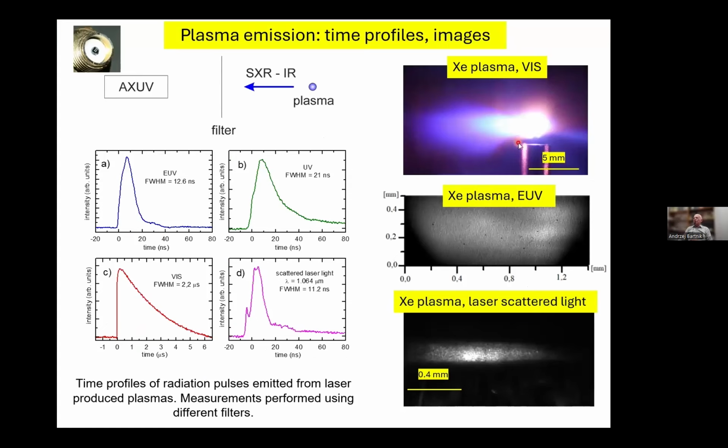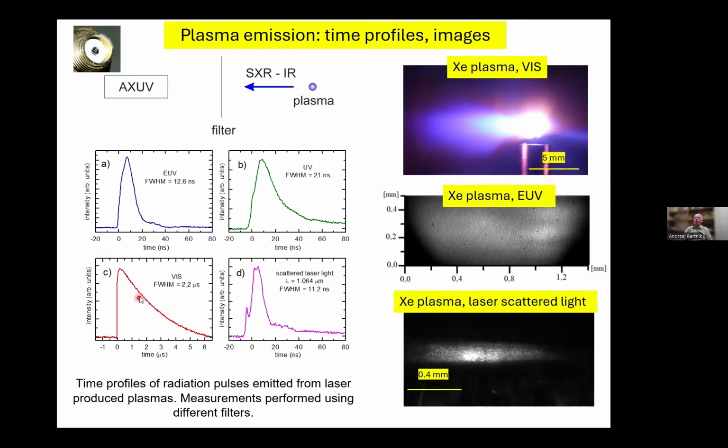Here you can see images of plasmas. This is in visible range, this is in EUV range, and this is in scattered laser light. And you can see a time duration of emission in various ranges of photon energies. It is in EUV range, in UV range and visible range.